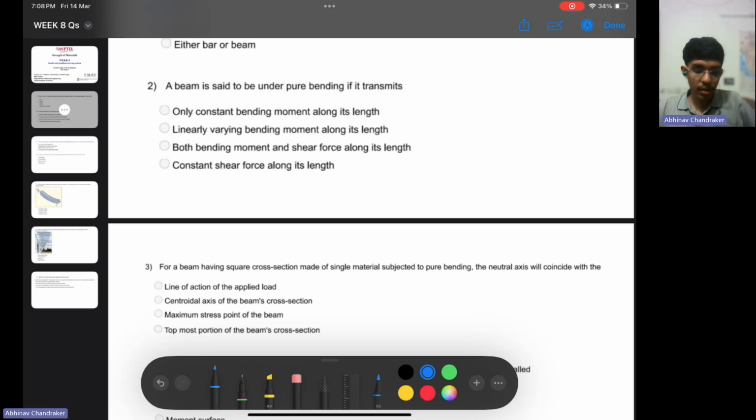If the value of bending moment is constant all over the beam, only then we call it pure bending, and we should not have any shear stresses or shear force involved. So the correct answer is only constant bending moment along its length, no shear and no change in the value of the bending moment.